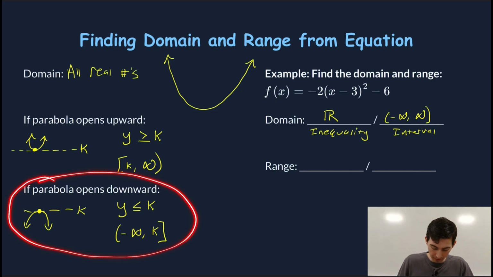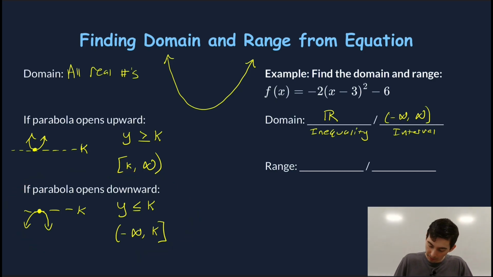So I'm going to say y is less than or equal to, because that's what I'm saying for my downward, since all of the y values are less than my k value, the vertex. And my k here is this value that's being added out here, which is negative 6. So this would be my inequality notation. And my interval notation would be negative infinity to negative 6 with a bracket like that.